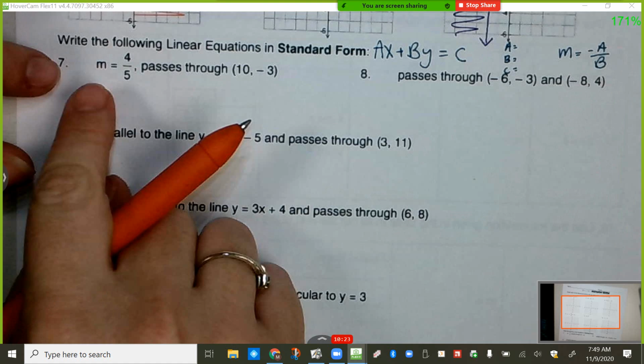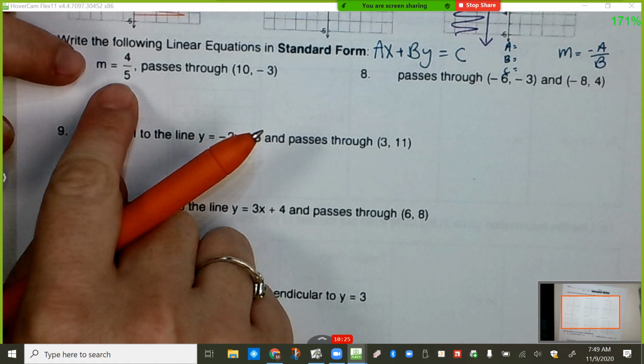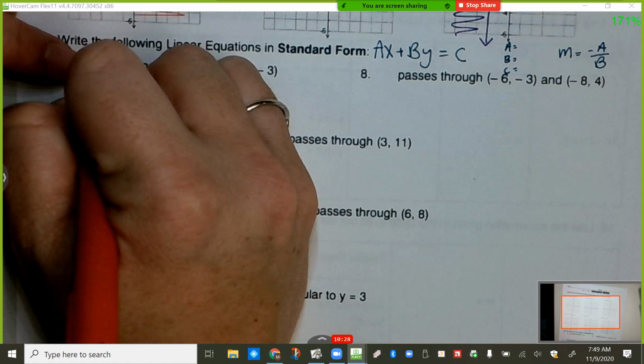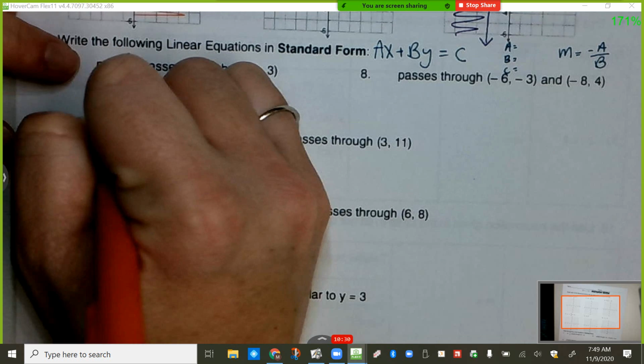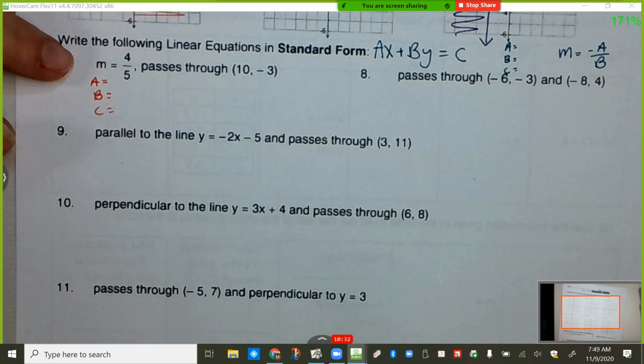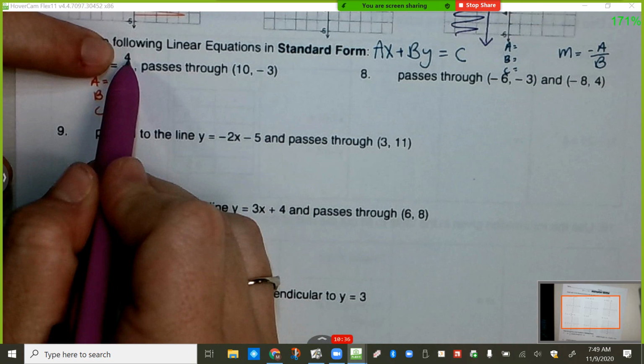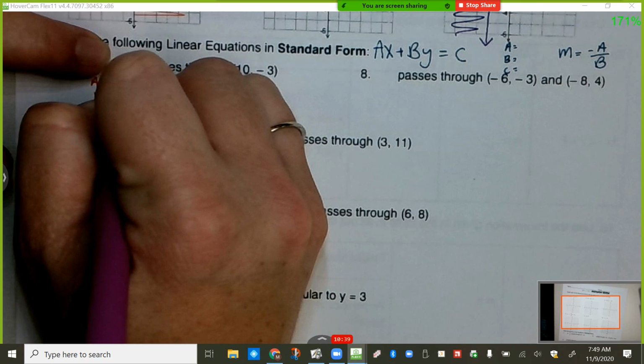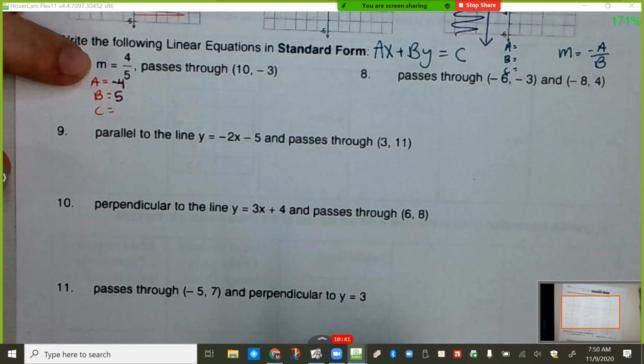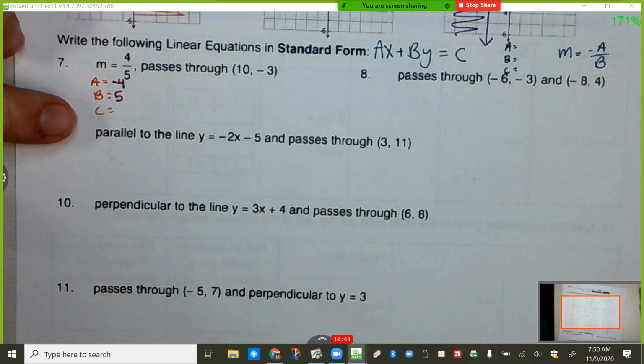So if this one gives us slope, remember it's opposite of a, so remember we're finding a, b, and c. So opposite of the top is your a, so -4. Bottom is exact, that is your b, but we don't know c.